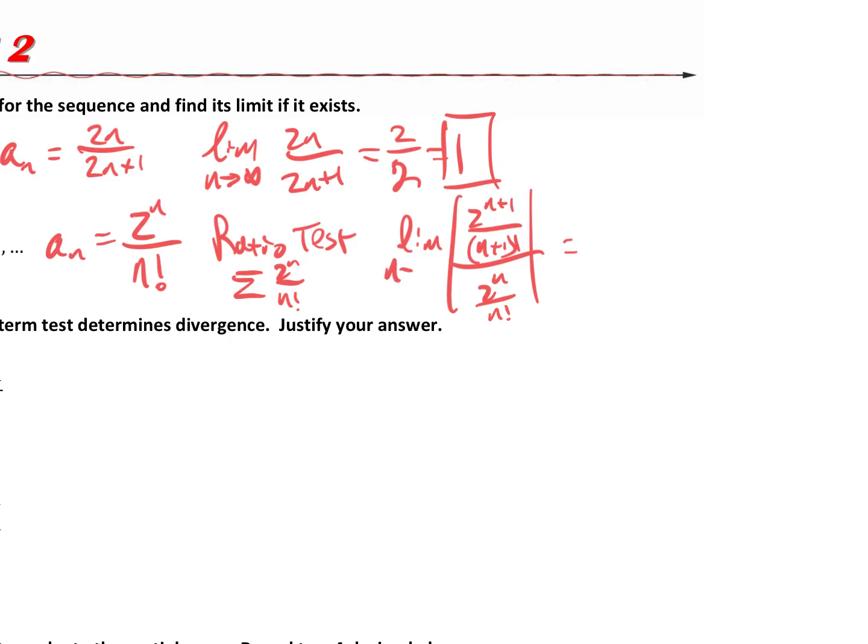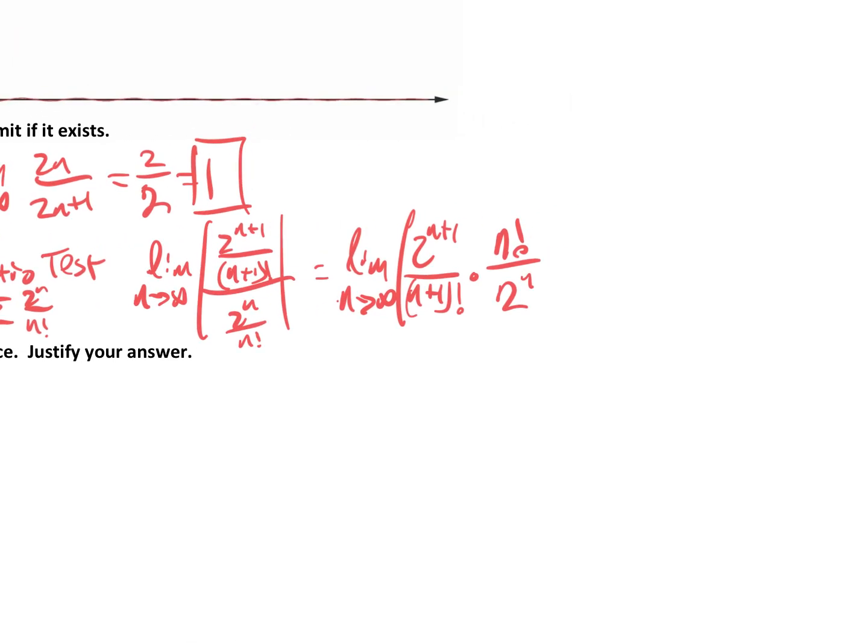Okay, well, that is the limit of 2 to the n plus 1 over n plus 1 factorial times the reciprocal, n factorial over 2 to the n.